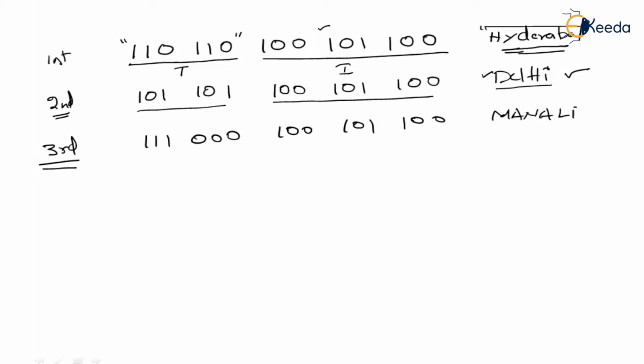Once again, after the first reference, under this index we have this tag and this word. The second address reference of the CPU has the same index but a different tag. So it will be a miss, because under this index I had this tag and this word, so I can't have this tag and this word. After accessing from the main memory, I replace the old entry with the new one.